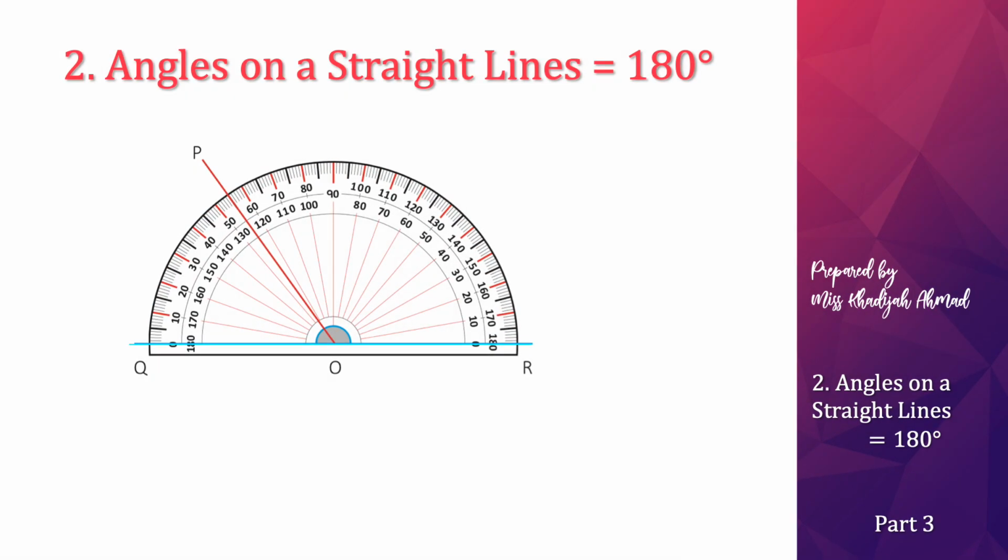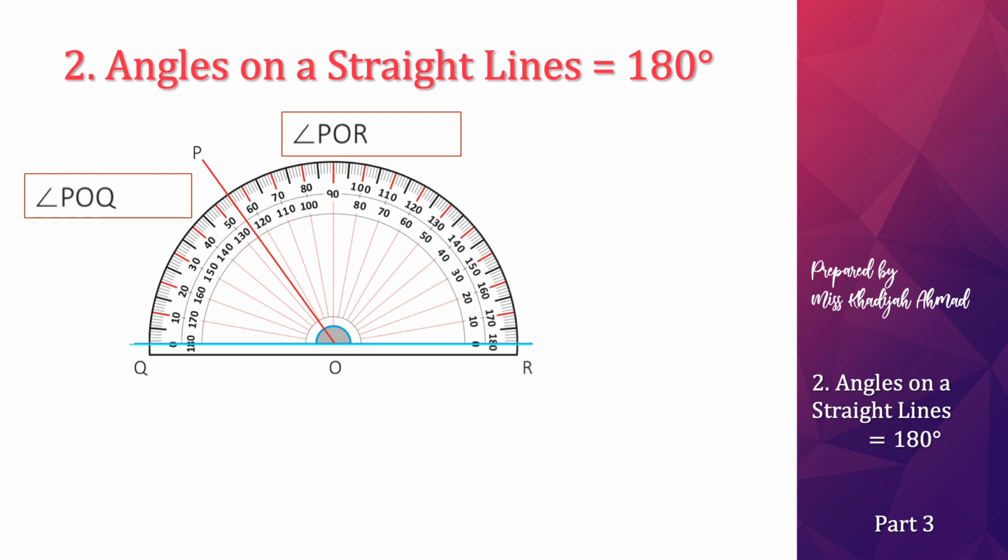This is exactly from your Yes Maths textbook 5A, page 118. Here, as you can see, the blue line QOR is a straight line. Angle POQ and angle POR are angles on line QOR.